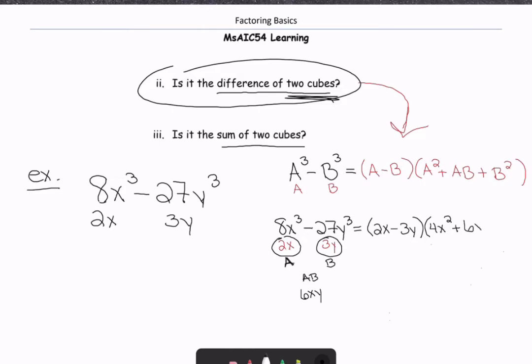So 6xy. Then it says do a plus sign, and then it says do b squared. So everything in the b circle, I take that and I square it. That's going to be 9y squared. And that would be your answer. That is fully factored.